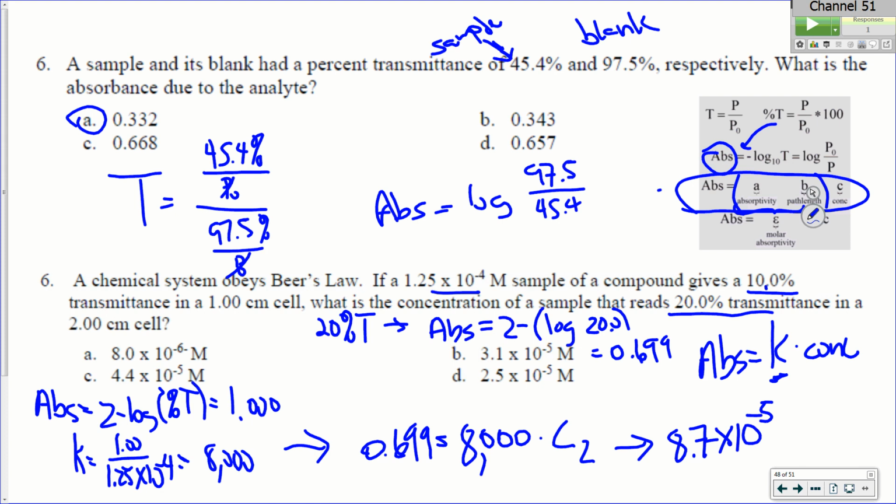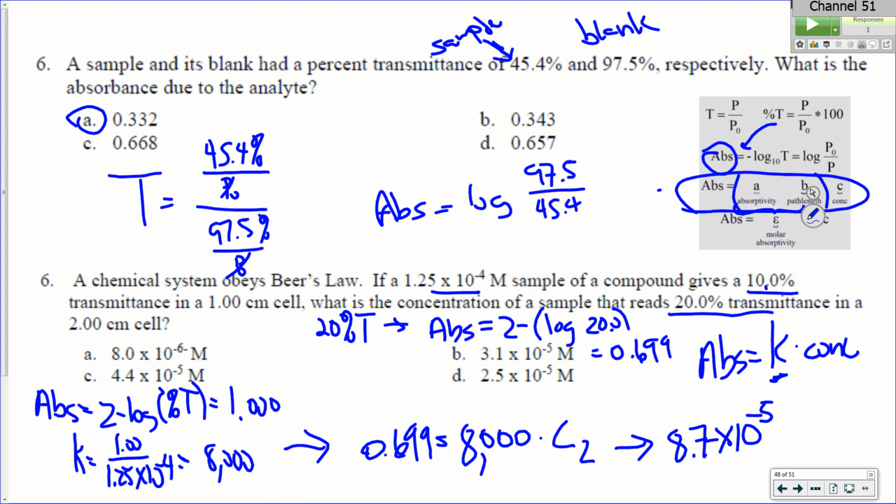Okay, I'm going to check everything. Minus 10% log. Okay, that's 1. 1.25 e to the minus 4th equals. That's 8,000. That's right.